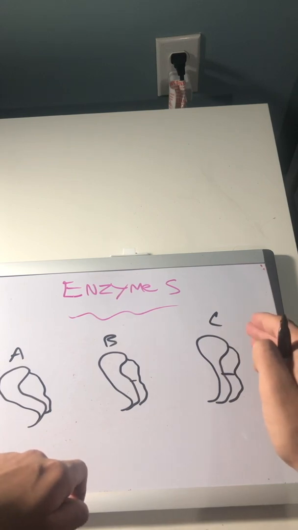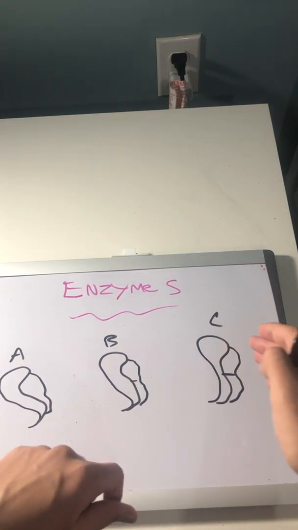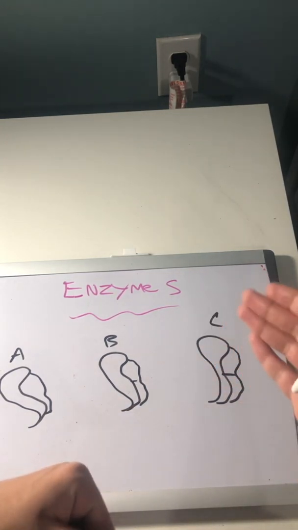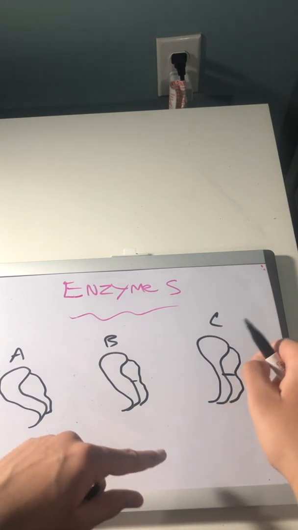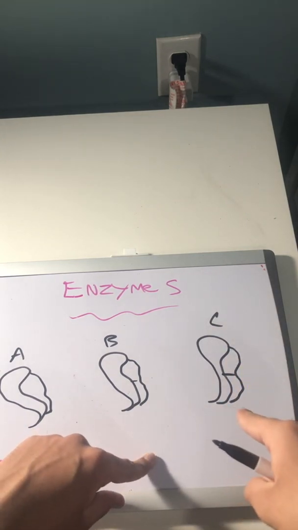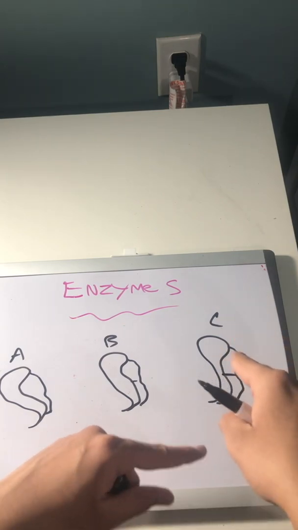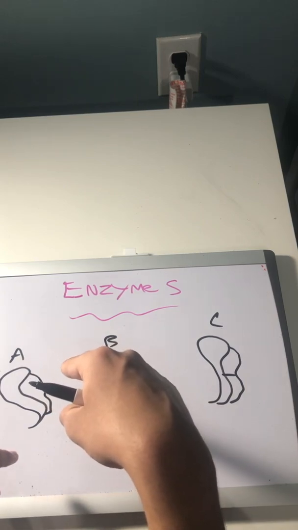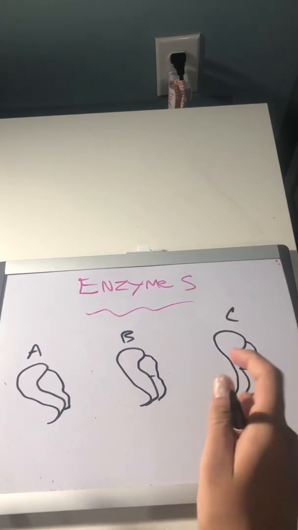many things can happen. Firstly, if too much of product C is formed, your body may not like that, and it's harmful to your body. So product C can become a non-competitive inhibitor for enzyme A. When it becomes a non-competitive inhibitor, what did we talk about earlier?